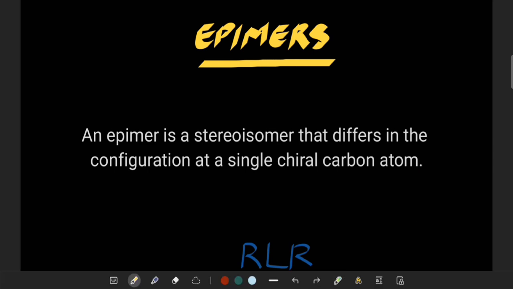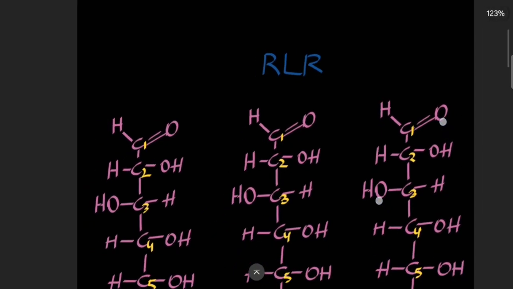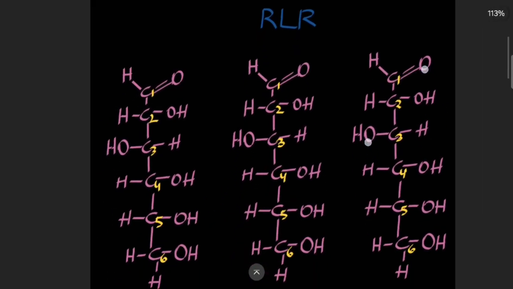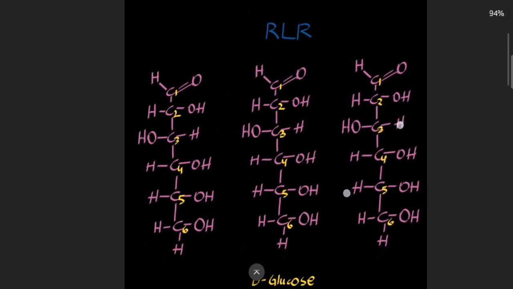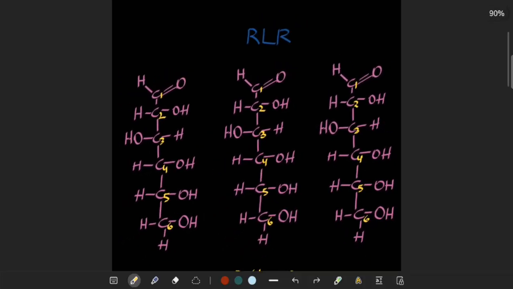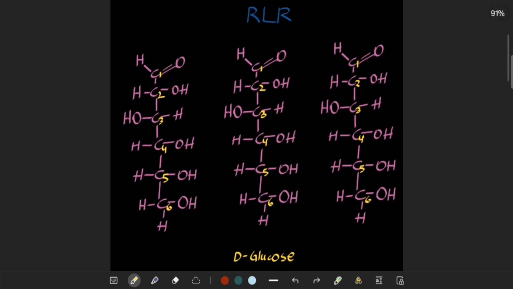I've taken one example, that is glucose. Okay, so this is glucose. How do I know that this is glucose? Because I followed the code RLR.